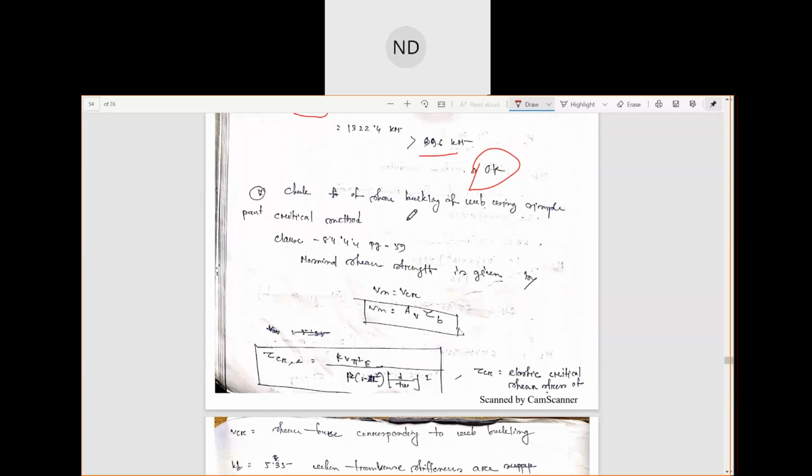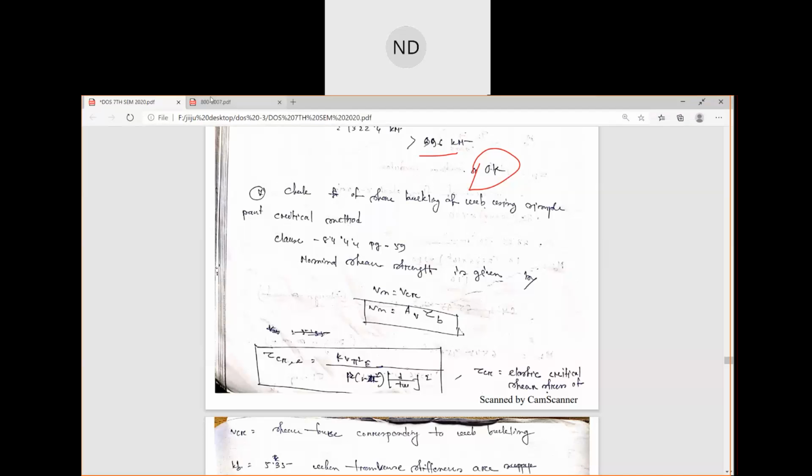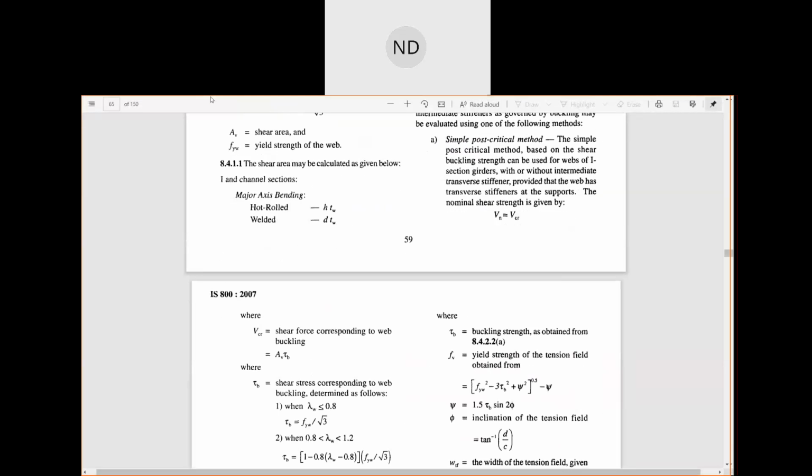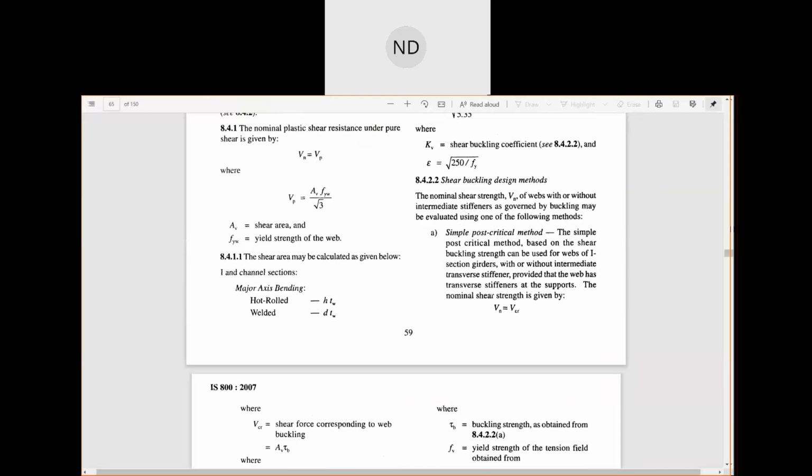Our next check is the check for shear buckling of web using the simple post-critical method. Okay, so here it is in page number 59. Here you see, shear buckling design method.